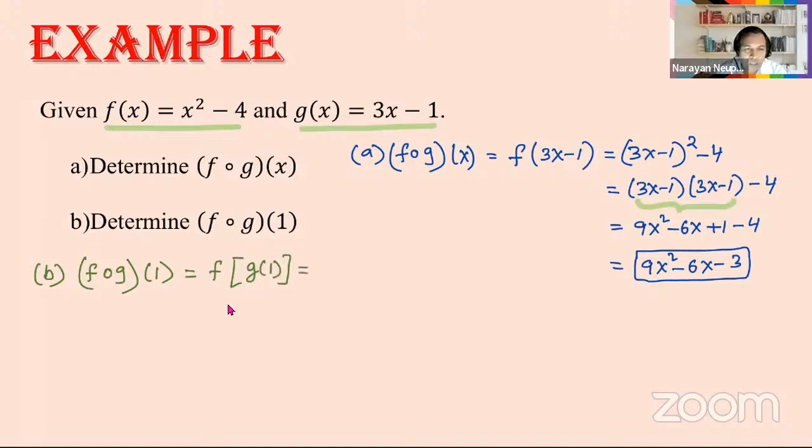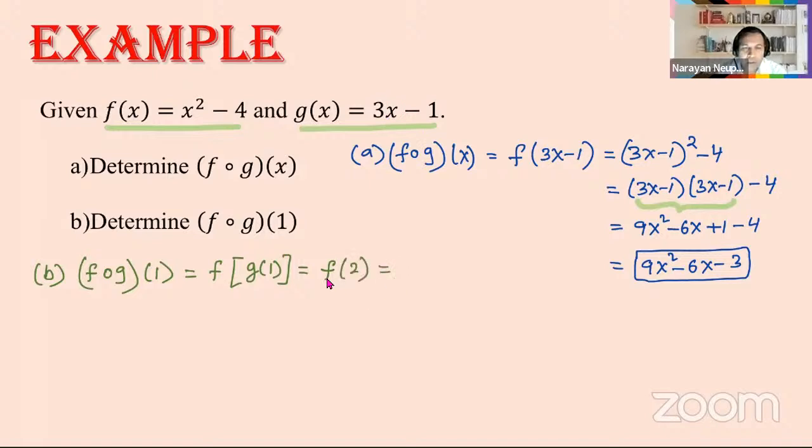So we can write the outside function f as it is. For g of 1, you can see g of x up here. G of x is 3x minus 1, so g of 1 will be 3 times 1 minus 1, and you know that is a 2.